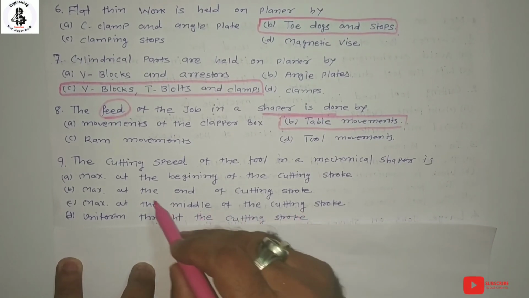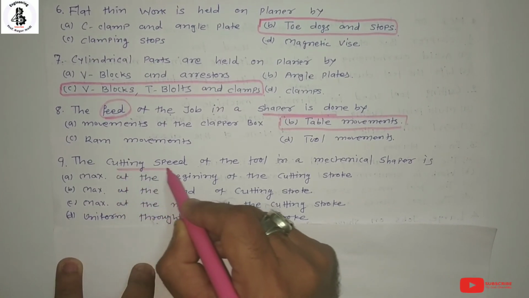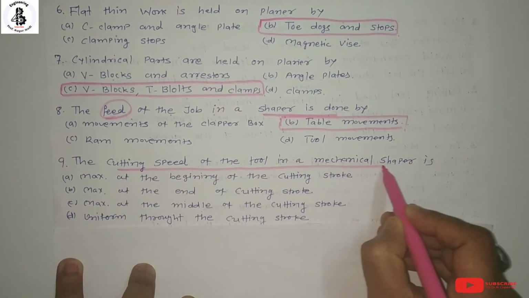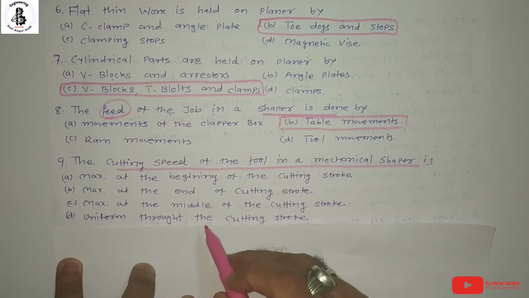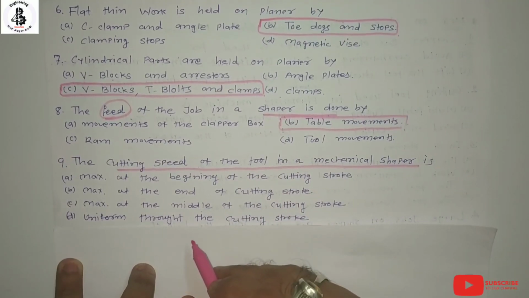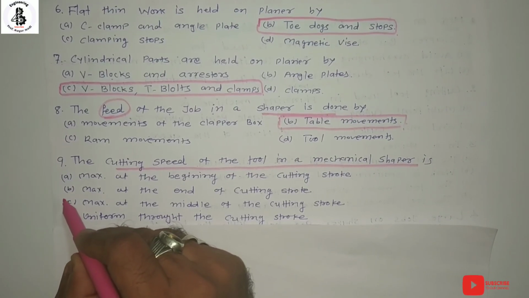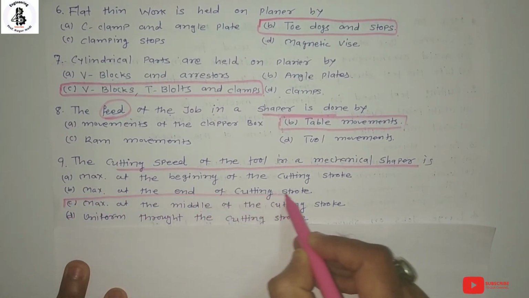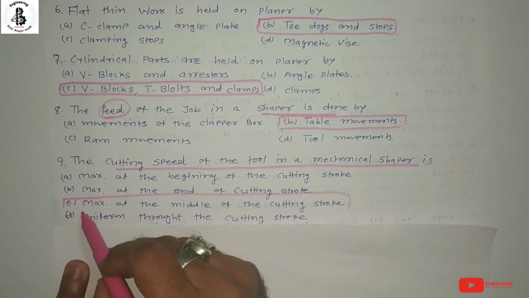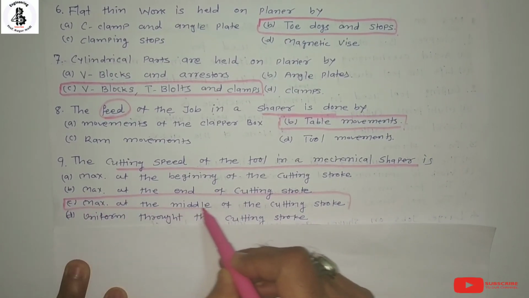So basically the cutting speed of the tool in a mechanical SHAPER is maximum in the middle of the cutting stroke. So the right answer is option C, middle of the cutting stroke.